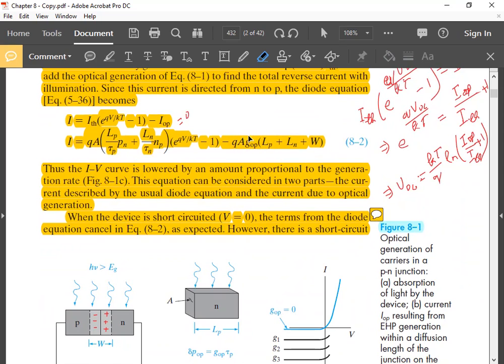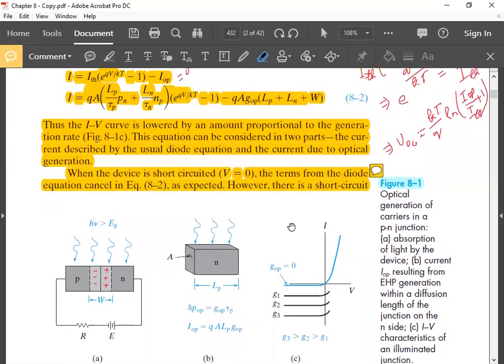So GOP can be variable depending on the intensity of the light. Because of this part, minus IOP, in an illuminated junction the whole IV characteristic will go downwards by this amount, and this amount is proportional to GOP.